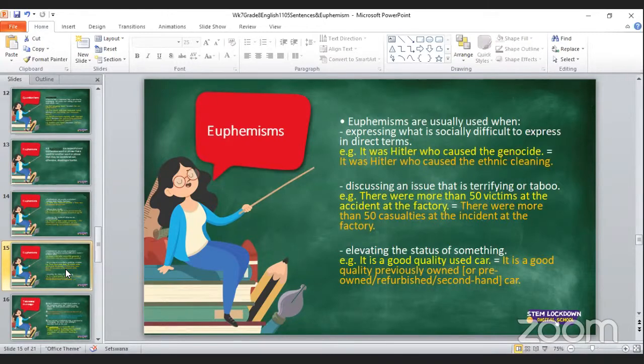So let's continue. We also use euphemisms when we express what is socially difficult to express in direct terms. There are so many such things that are very socially difficult to express in direct terms, so we use a euphemism. Those things have to be expressed, but expressing them in direct terms is socially difficult.